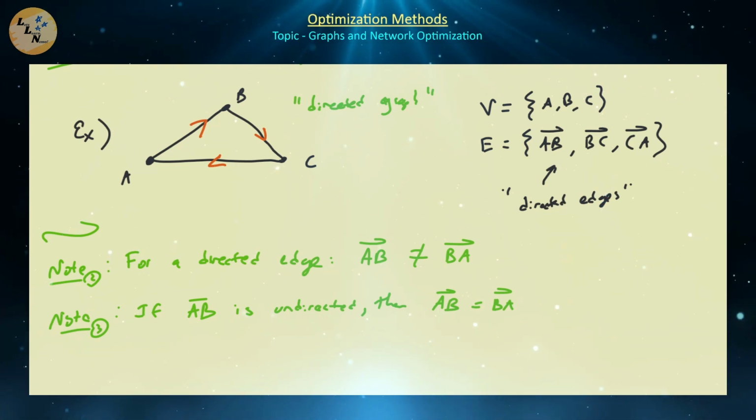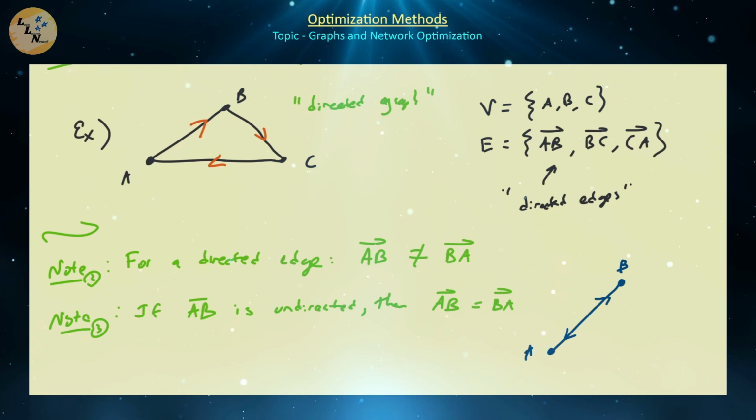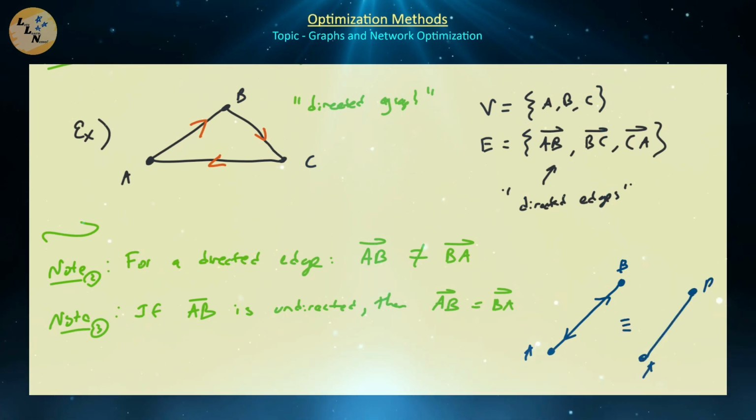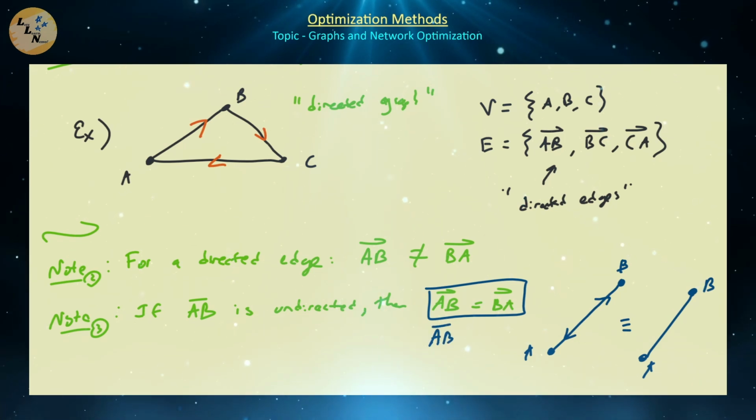So in terms of graph notation, if I show these two vertices, where you could either go from A to B or B to A, then this is equivalent to just writing the notation AB. So if you allow A to go to B and also B to go to A, instead of writing these directed notations, you can just write AB. So this is just some basics of graph theory that you should be aware of.